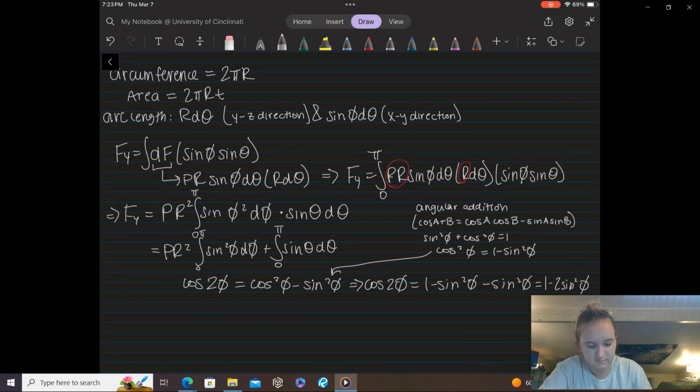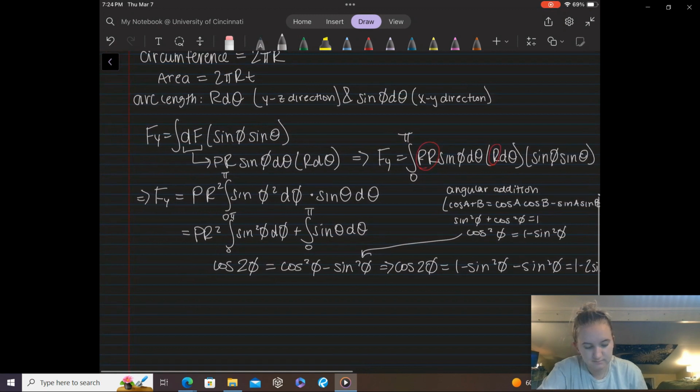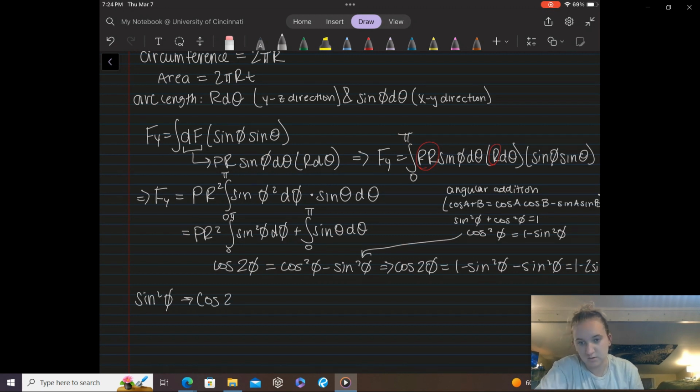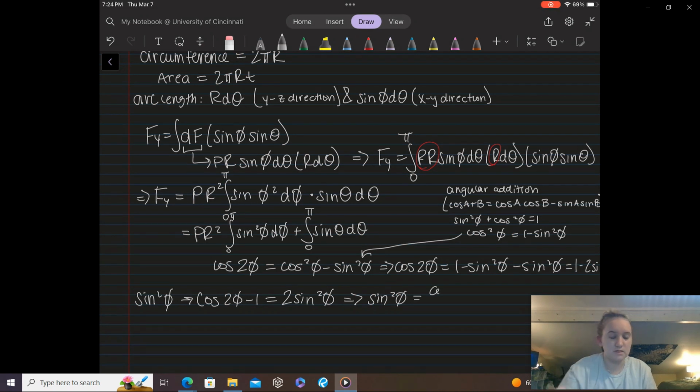Kind of. So then moving forward from that, you get sine squared phi, which becomes cosine 2 phi minus 1, which equals 2 sine squared phi, so sine squared phi equals cosine 2 phi over 2.